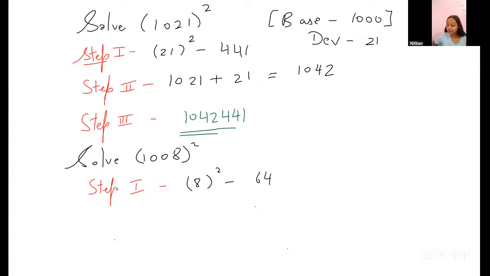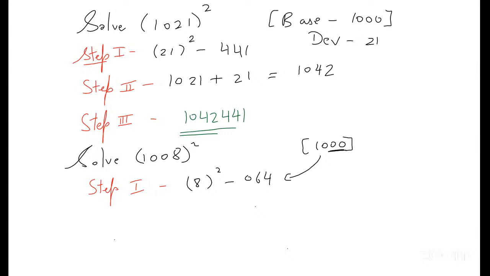But the base is 1000. The base is 1000, 3 zeros in the base. So here I need to have a 3-digit value. So I will put 064.